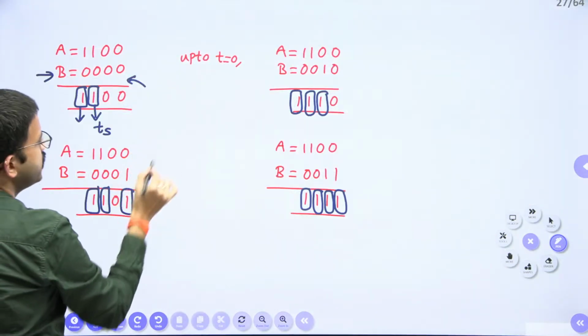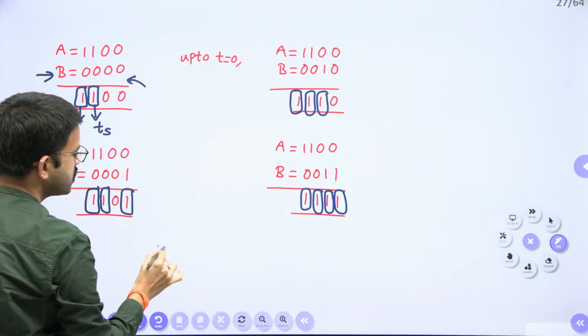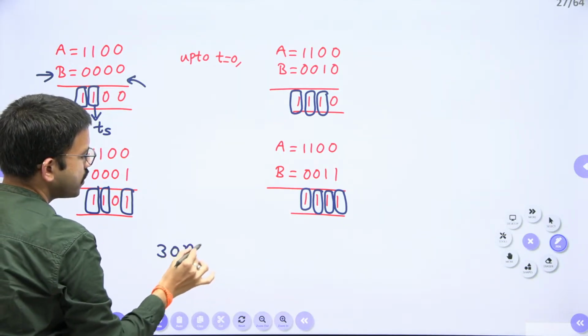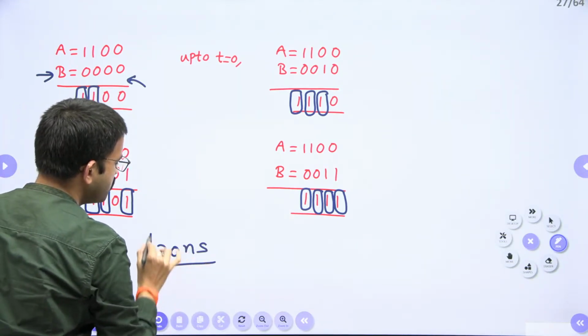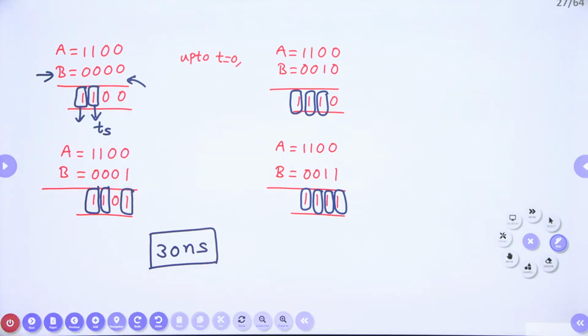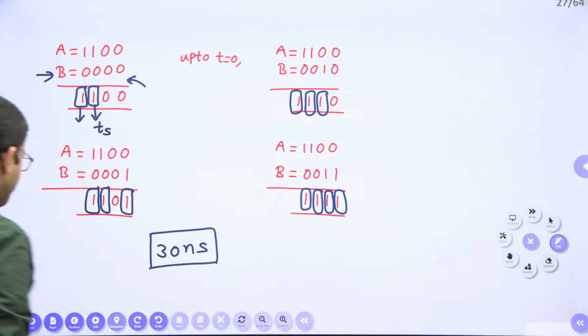So for all these 4 combinations, the delay is 30 nanoseconds only. All of you please respond up to this point. Is it clear or not? Yes, it's clear, right? Very good.